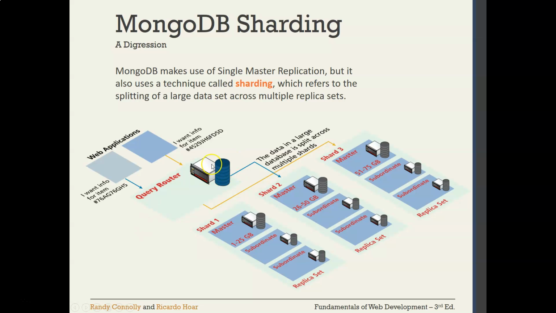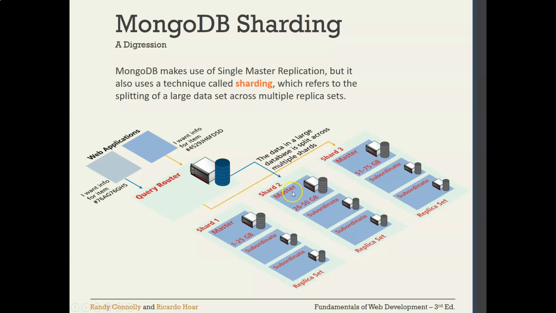And the data, instead of having a regular SQL database, which is, in a sense, one large database, not exactly a single file, but you could think of it conceptually as a single file. But with Mongo, that large data set can be split across multiple shards. And then each shard, you can see, uses single master replication.